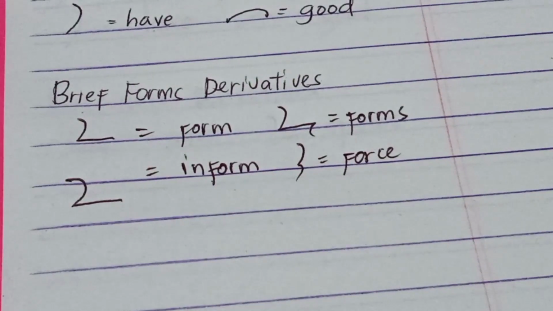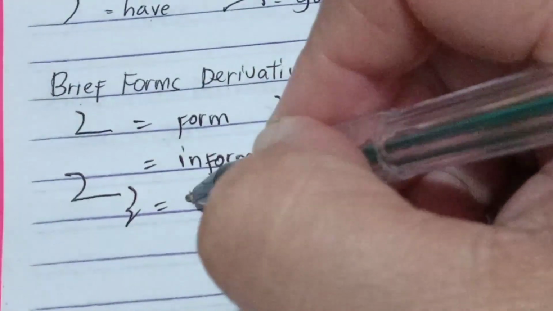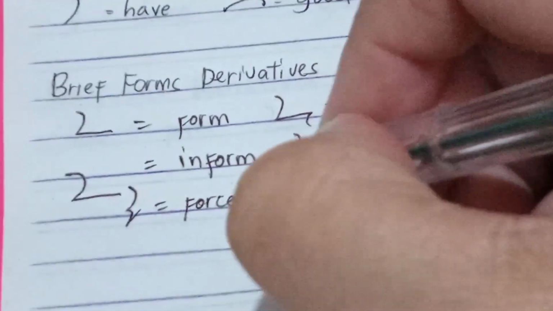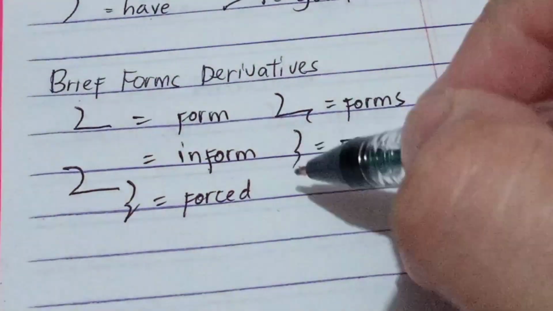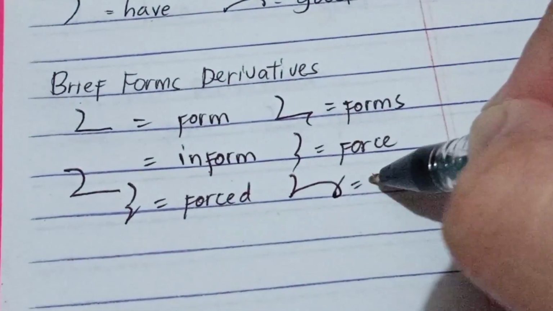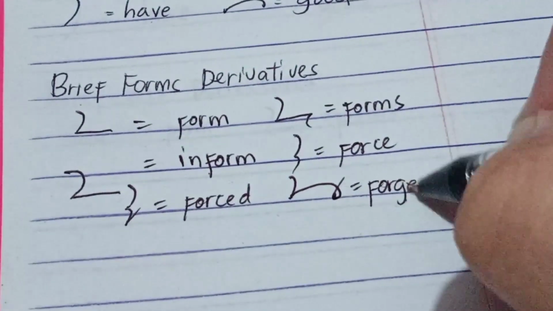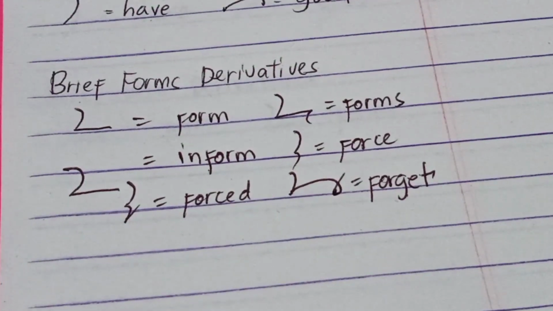Okay, how about if I write for and S, so ito po ay nagiging force. Okay? Then, if I write for S then T, so it is already forced, past tense. Okay? If I write for then gay ET, so it's already forget. Okay?